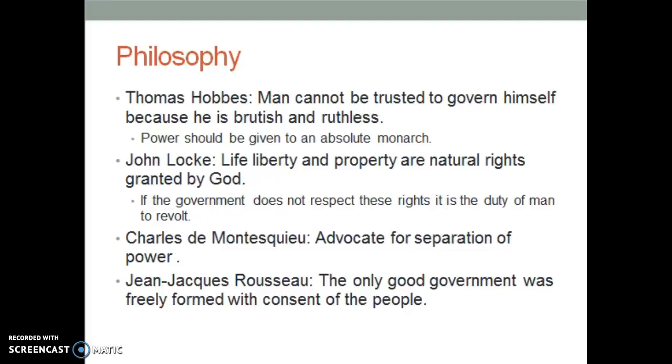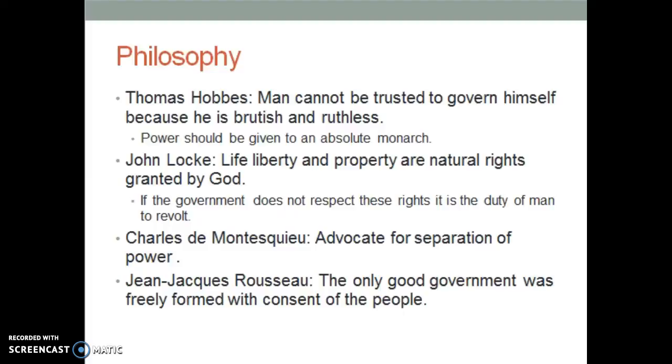So, some of the philosophers. Thomas Hobbes, John Locke, Charles de Montesquieu, and Jean-Jacques Rousseau. And as you look through, you'll see a lot more of the last three in our government. Thomas Hobbes didn't really trust man.